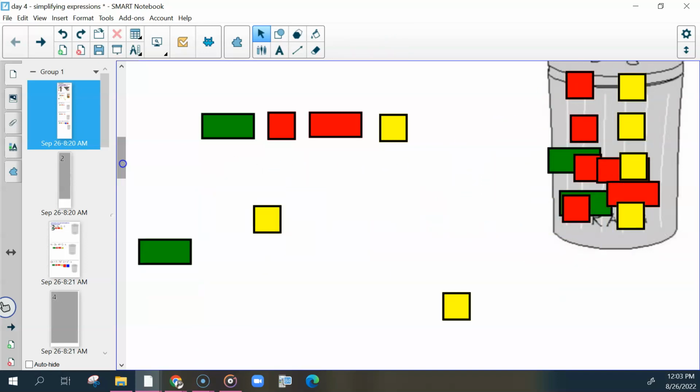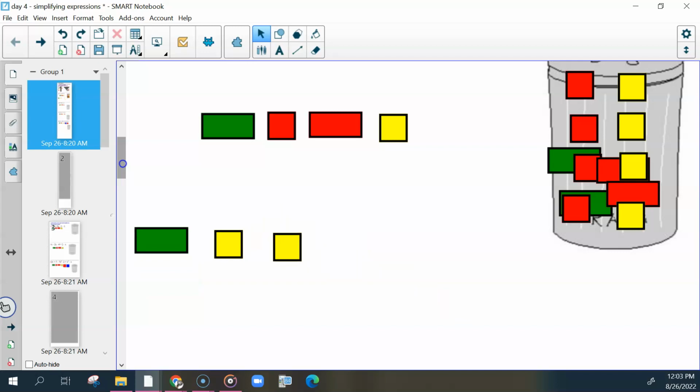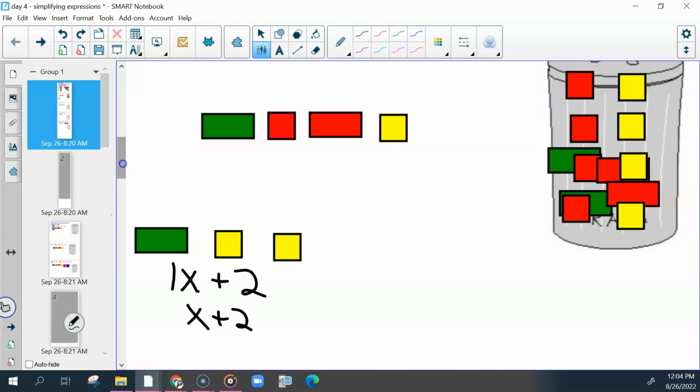So then this is what we have left. Anyone want to take a guess as to how we would write that? Matthew, go ahead. 1x plus, or just x plus 2.